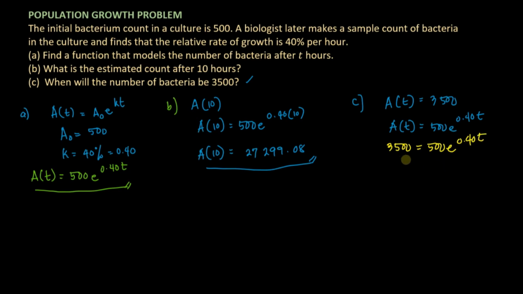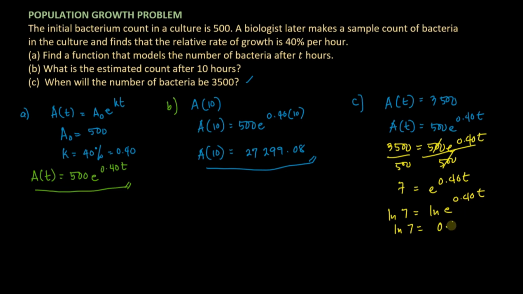We divide both sides by 500, so this will be cancelled. 3,500 divided by 500 is 7, equal to e raised to 0.40 times time. Then to solve for t, we have to take the natural logarithm: ln 7 equals ln of e raised to 0.40 t.